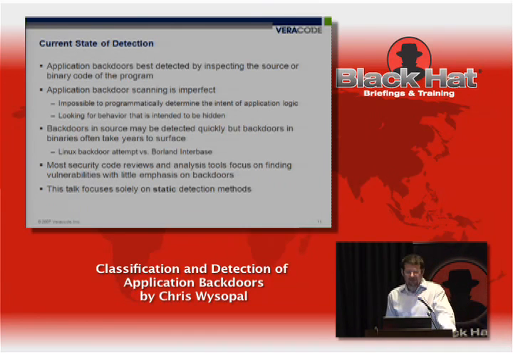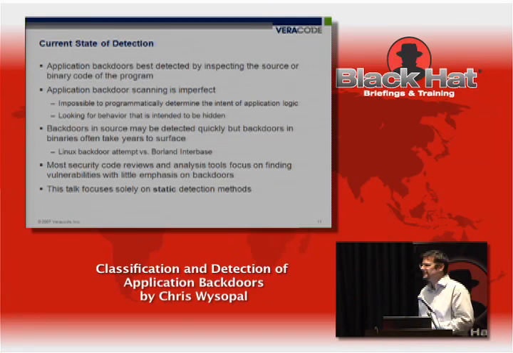One thing I gathered from doing the research on the last 20 years or so of backdoors that have been discovered is backdoors that were planted in binaries typically were there for years. There were many versions of the code over a long lifetime of a software project that the backdoor existed. There was one case where it wasn't detected, which I'll talk about, for 7 years. That was Borland's Interbase product. It was only detected once the code was open sourced.